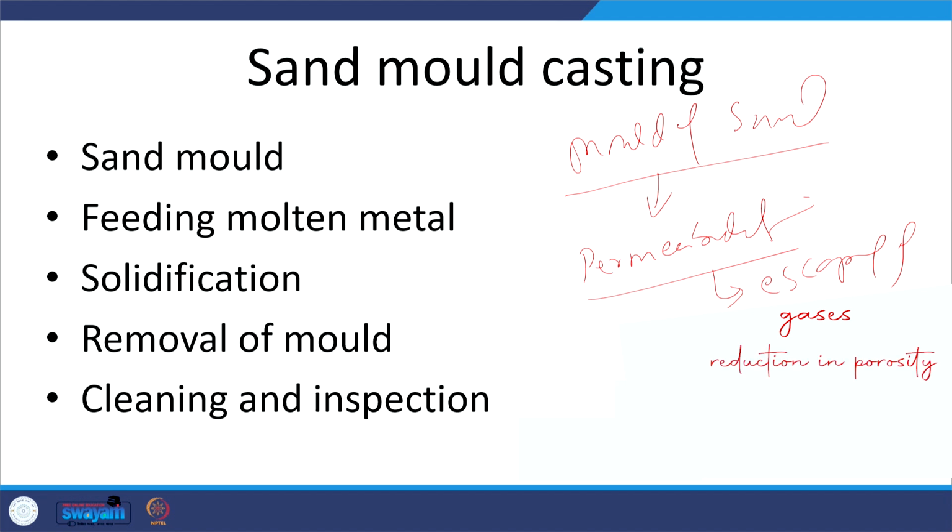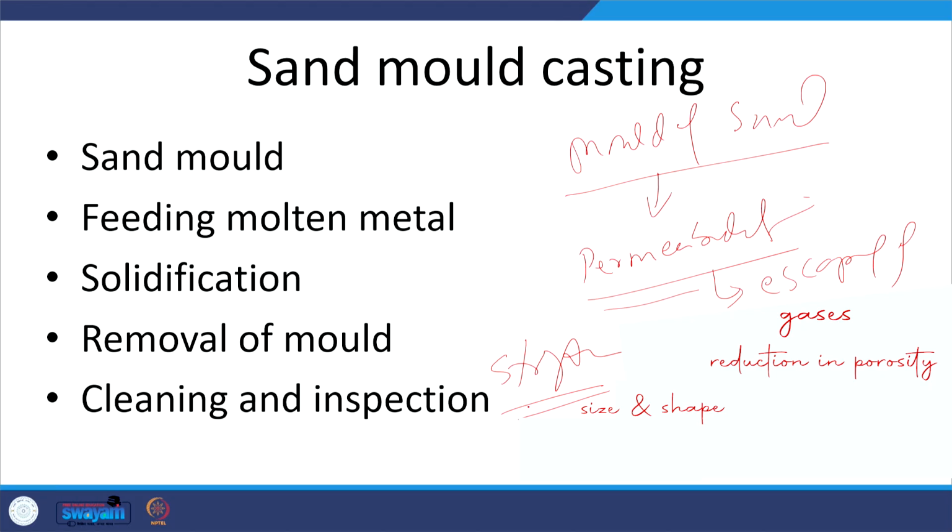If escaping is good, the gases dissolved or present in the mold will be able to come out of the mold easily due to the good permeability, then the porosity will be reduced. And likewise the strength is another important factor. If the strength of the mold is good, then it will retain its size and shape.